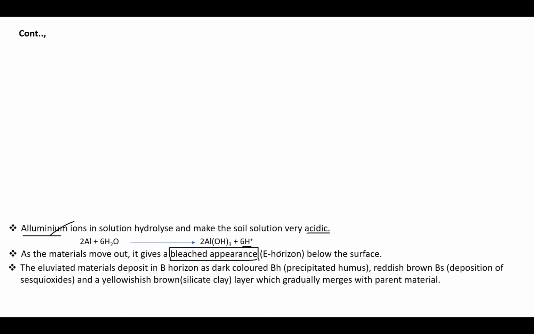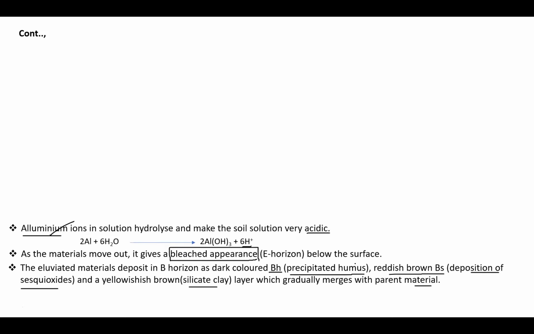The materials eluviated from the E horizon are deposited in the B horizon, which has a dark colored BH layer, considered precipitated humus, a reddish brown BS layer from deposition of sesquioxides, and yellowish brown silicate layers which gradually merge with the parent material.